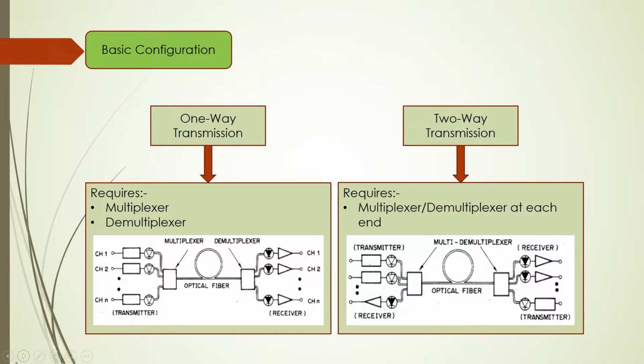And for the two-way transmission, it only requires a multiplexer and demultiplexer at each end. So between the optical fiber, there is only a need of one device that acts as both.